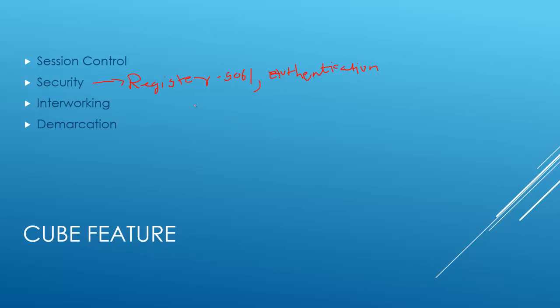Then the next thing that I was talking about is interworking. So it's now very flexible with SIP. For example, if the external device is an H323 device, or if your CUCM is still using an H323 connection to the CUBE, and the CUBE is using the SIP trunk with the ITSP, that still works very well, without any problem. So interoperability with different stacks of H323 is even possible.